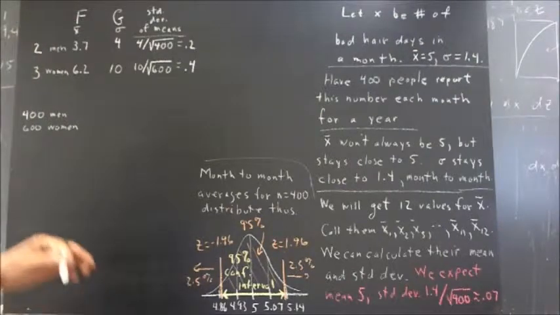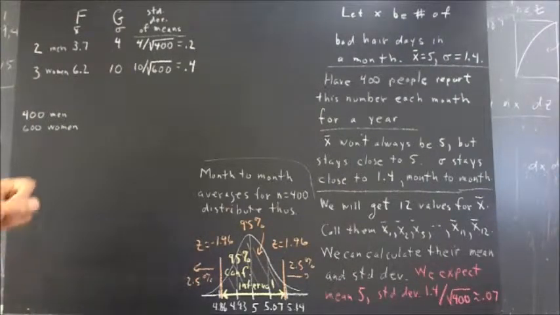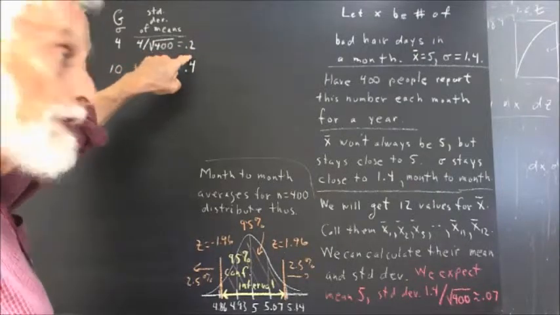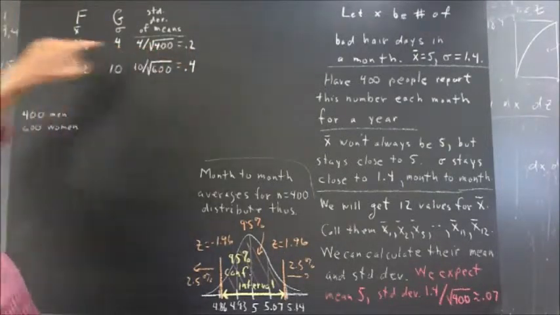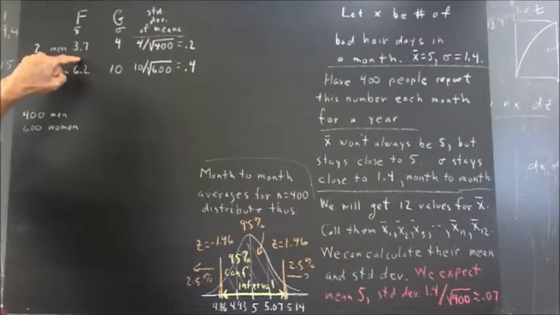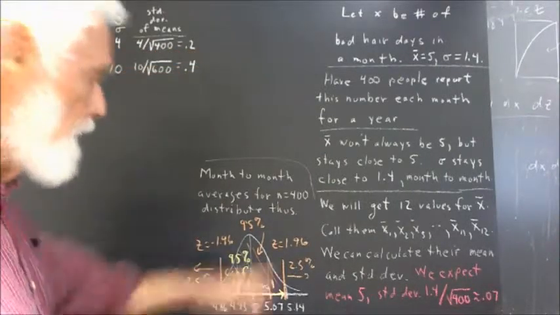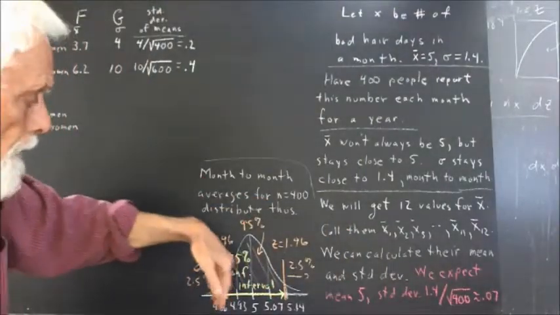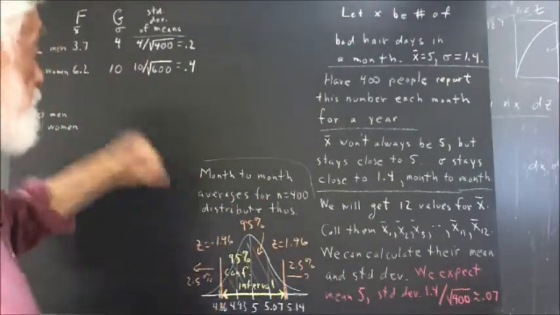The lower confidence interval would be 1.96 of these deviations less than 3.7. Remember, 1.96 is just a Z number that gives you 2.5% above or 2.5% below on the left.